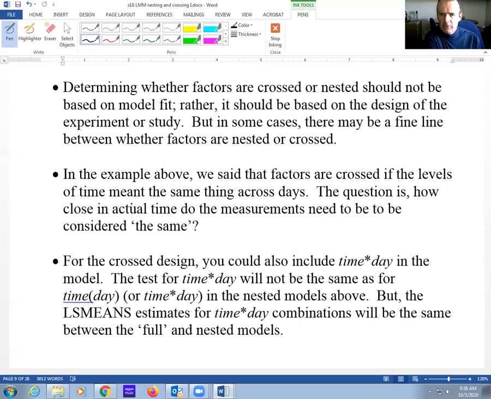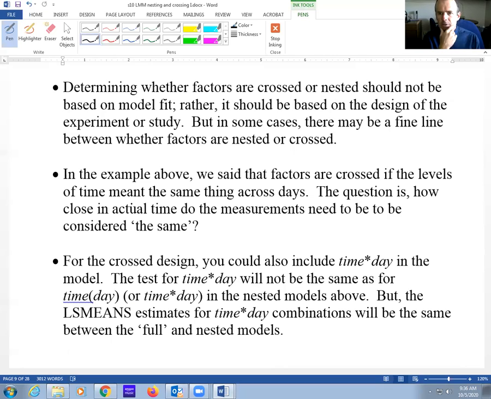The problem though is that it's not clear cut. Like I said before, what is consistent meaning? In this case, for morning, noon, evening, what is consistent meaning? Maybe 8:45 is close enough to 9 that you can consider it the same meaning. But how different do the times need to be for you to consider them differently?